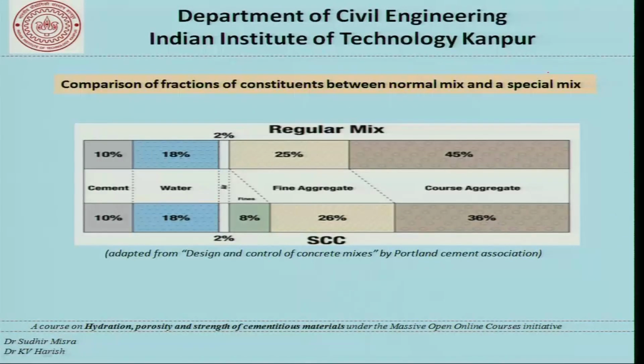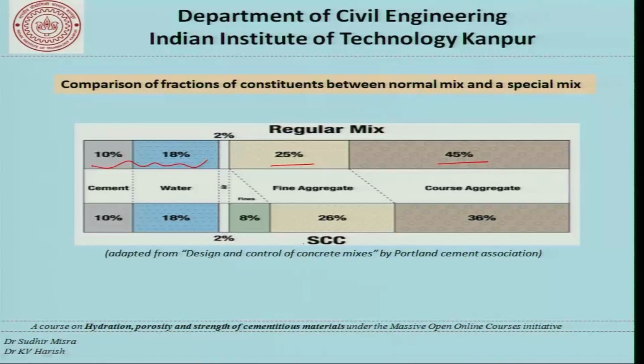This here is a comparative picture of what normal concrete, which is called the regular mix here, looks like. If we say that 45% of it is coarse aggregate, 25% is fine aggregate, and about 28% is the volume of paste.